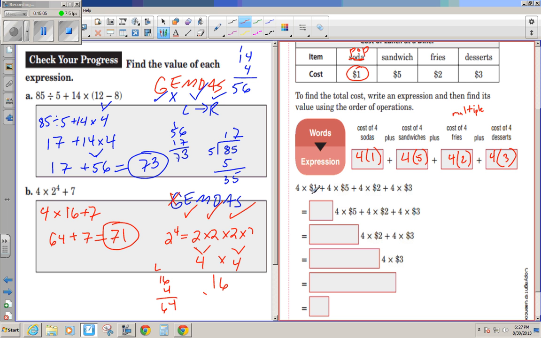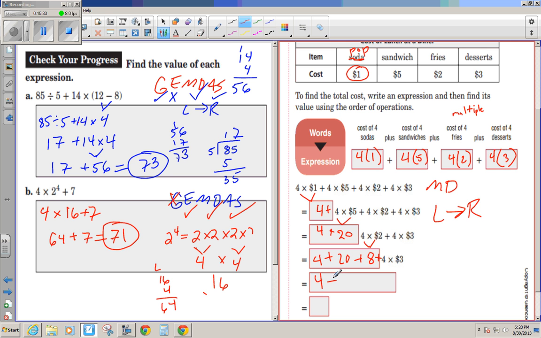All right, let's try the multiplying. Let's see here, what did they do first? 4 times 1 is 4. And then we're doing the order of operations. So we did this. Now we're doing this. Multiplication and division, left to right. So 4 times 5 is 20. So we've got 4 plus 20. 4 times 2 is 8.